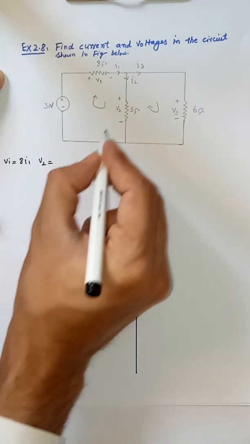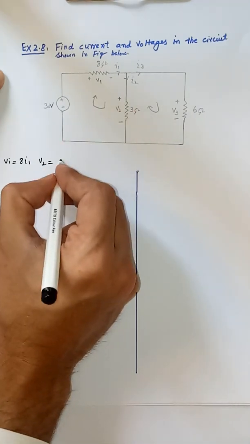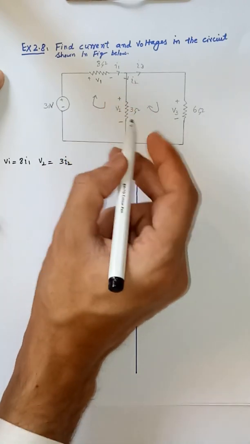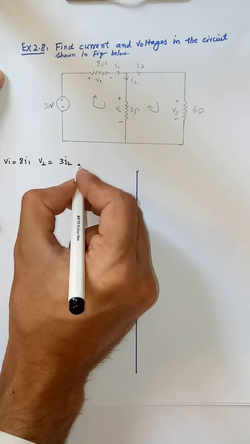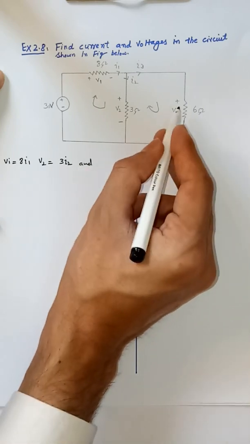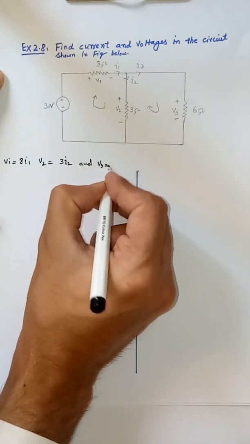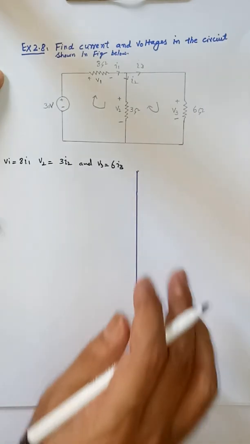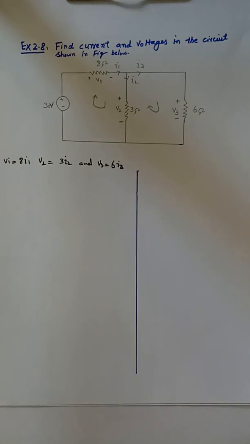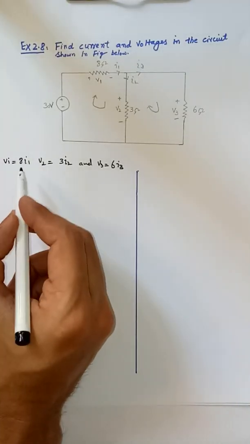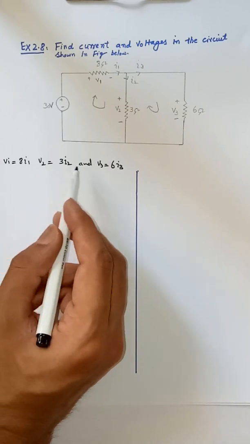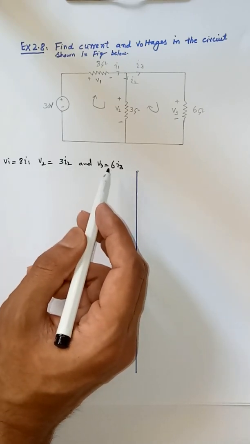V2 equals 3 I2 and V3 equals 6 I3. So for finding V1 we need I1, for V2 we need I2, and for V3 we need I3.